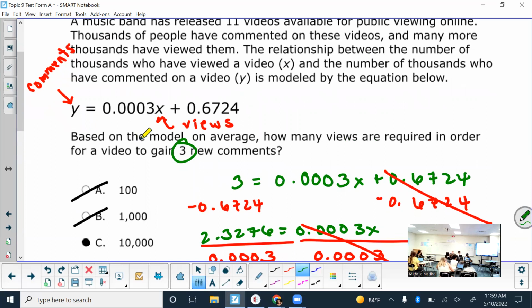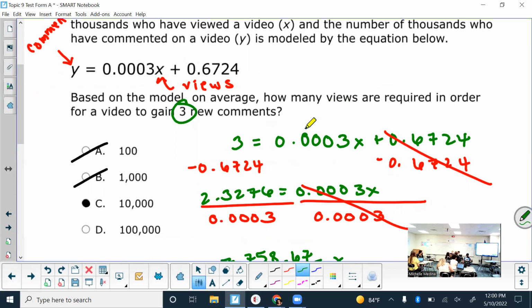It says based on the model, on average, how many views are required in order for a video to gain 3 new comments? So does that 3 go in for the Y or the X? Y. It goes in for the Y because it's talking about comments. How many views do I need to get 3 new comments?